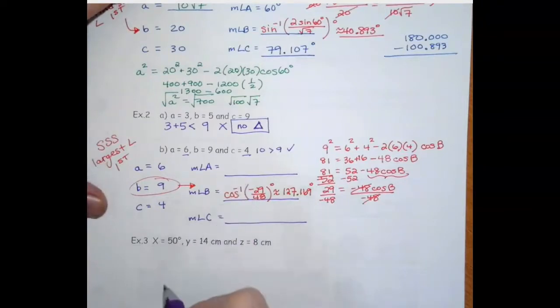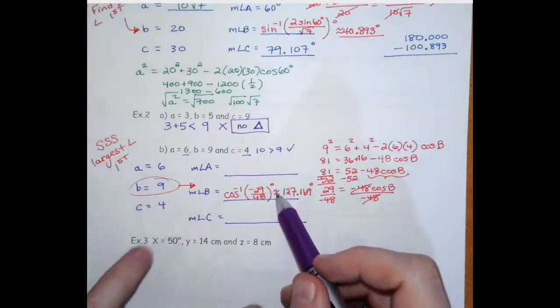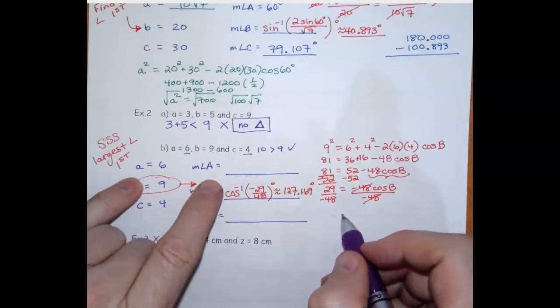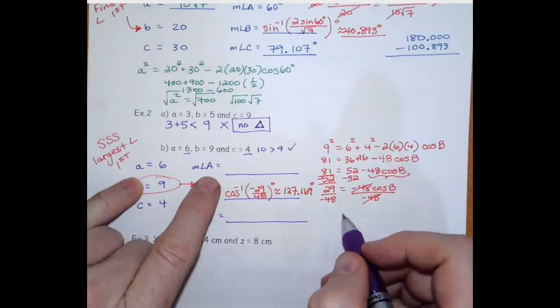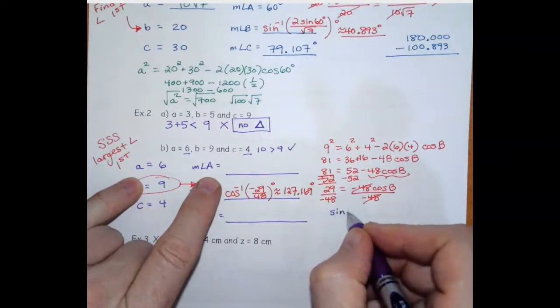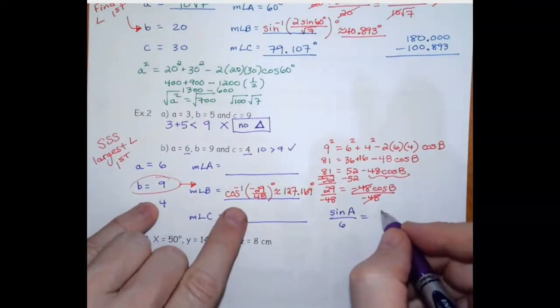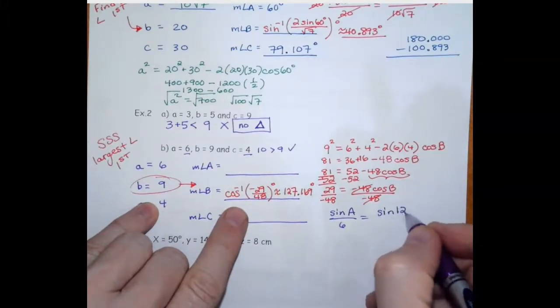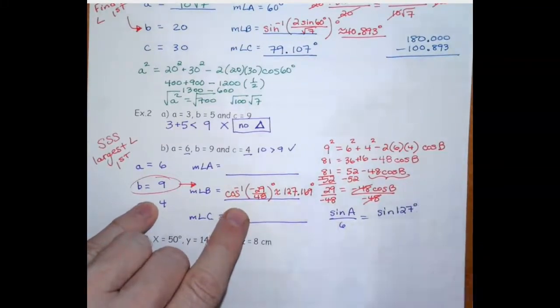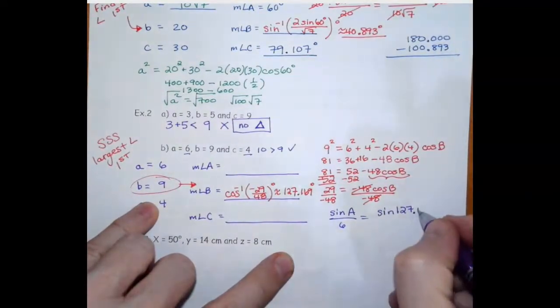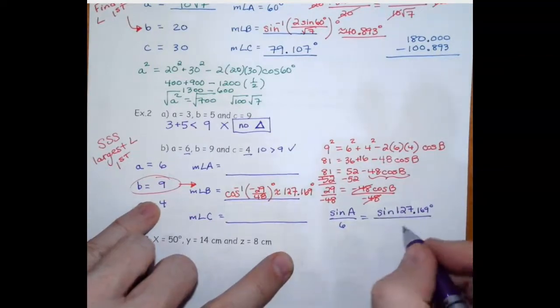So now what do we want to do next? We should be able to do either one. So if we find A next, that's going to be the sine of A over 6 equals the sine of 127.169 degrees over 9.